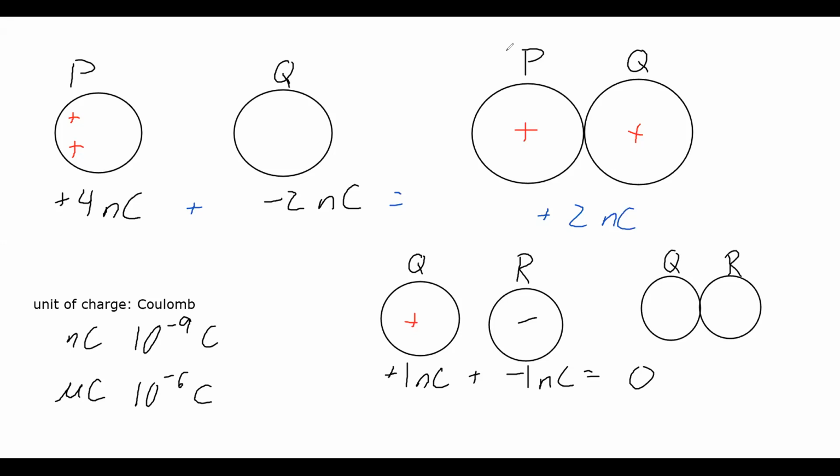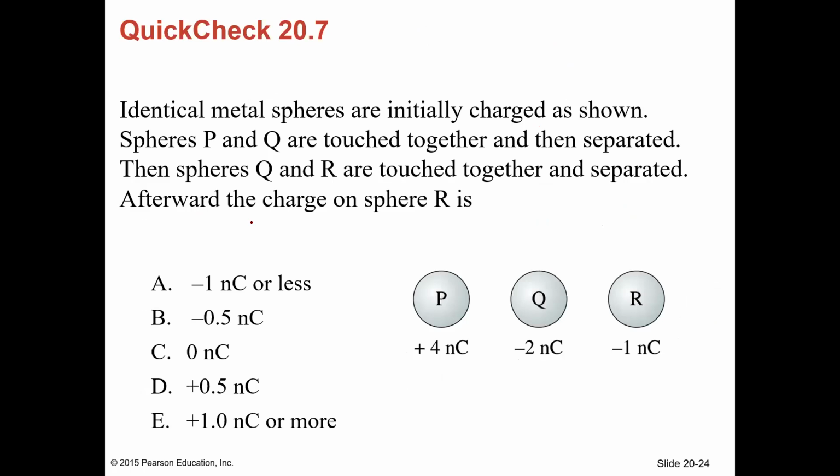The charge is neutralized. So at the end of the day, P was left with a charge of positive 1, Q has no charge, and R has no charge after all these combinations. So the question is, afterward, what is the charge on sphere R? Well, we saw that it was going to be 0 nanocoulombs.